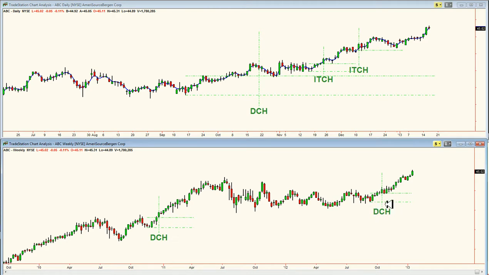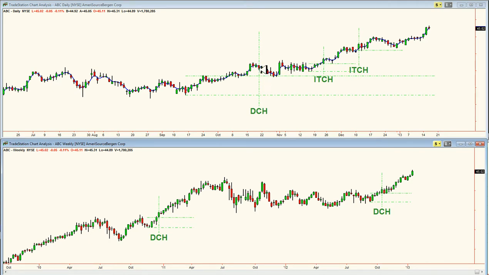Now, on many occasions, the DCH will fire on the weekly chart and at the same time will fire on the daily chart. And we'll see that in just a moment with some more examples. But in this example, a DCH fired, and then we waited several weeks for it to also give us a signal on the daily chart.